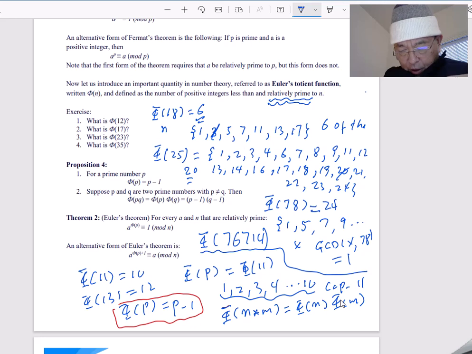So m and n just have to be co-prime, which means, for example, 25 and 9 are co-prime, even though neither of them is a prime number. This property is very important.